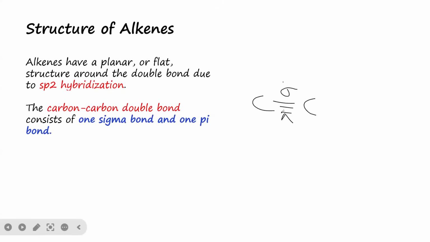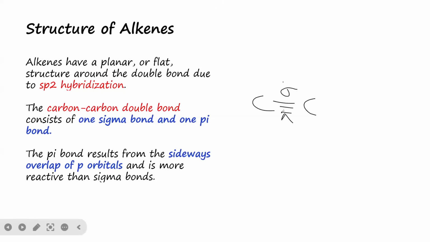The pi bond is formed as a result of side-to-side overlap of p orbitals, and the pi bond is more reactive than the sigma bond.